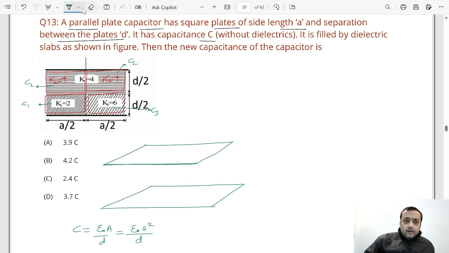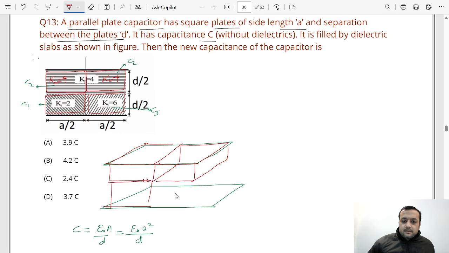Now, if you imagine this situation, till here is C2. And again, this is C2. Then this is C1. And the last one is C3. This you can ignore.